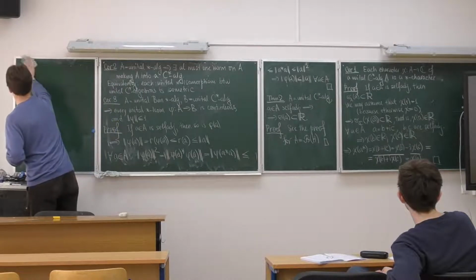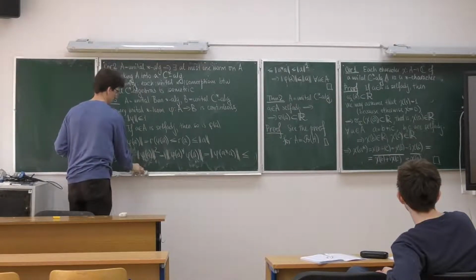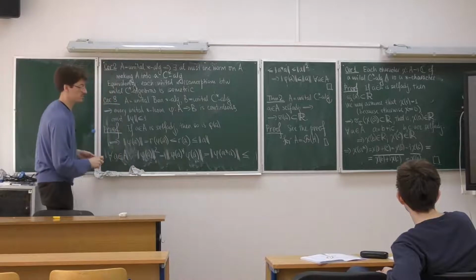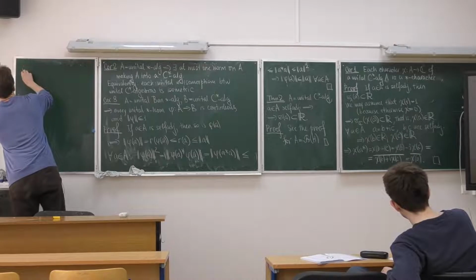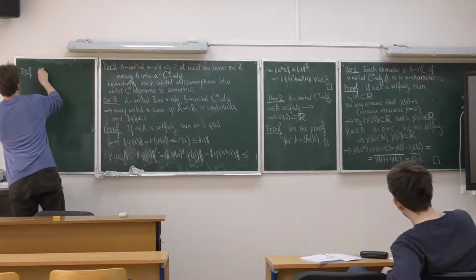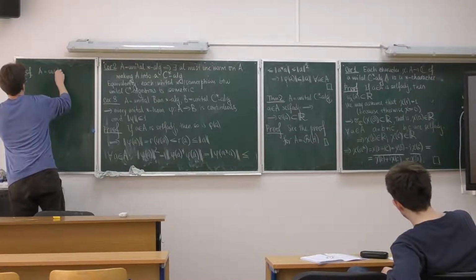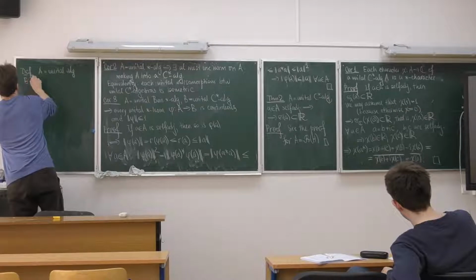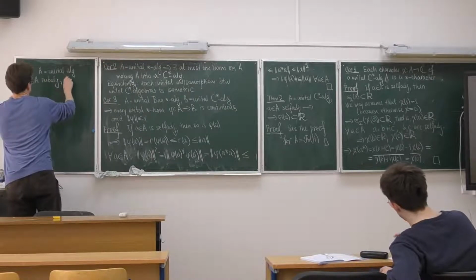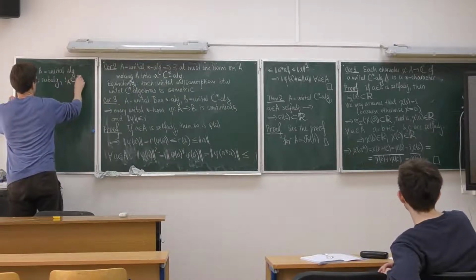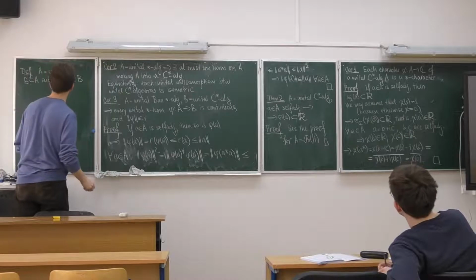Another useful corollary of Theorem 2 is the spectral invariance of C-star subalgebras. So let's recall the following definition. Suppose that A is a unital algebra and B is a unital subalgebra of A, that is a subalgebra such that the identity of A belongs to B. So they have a common identity.